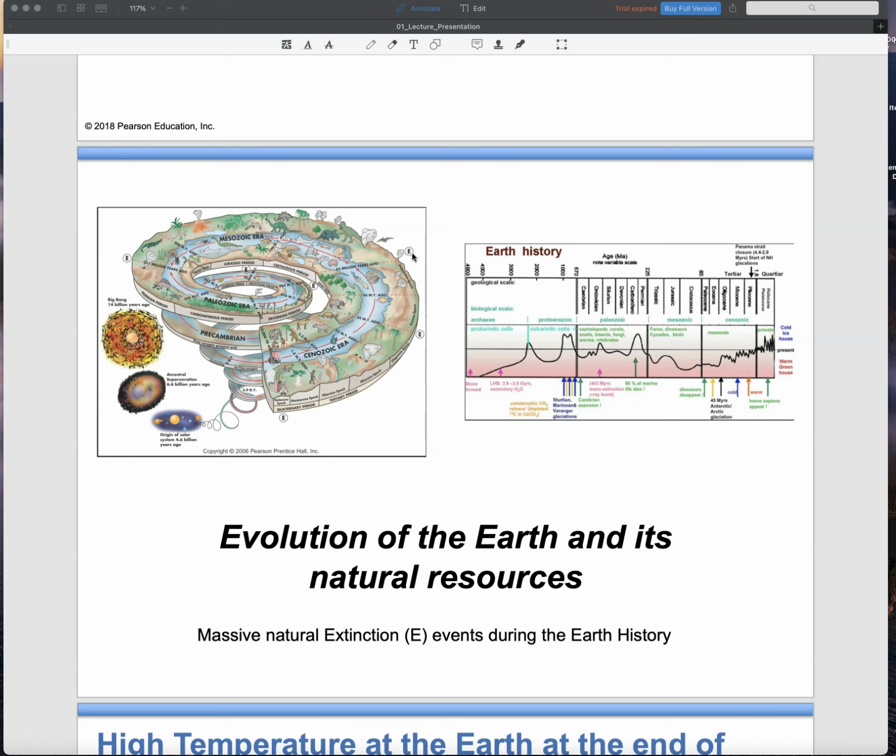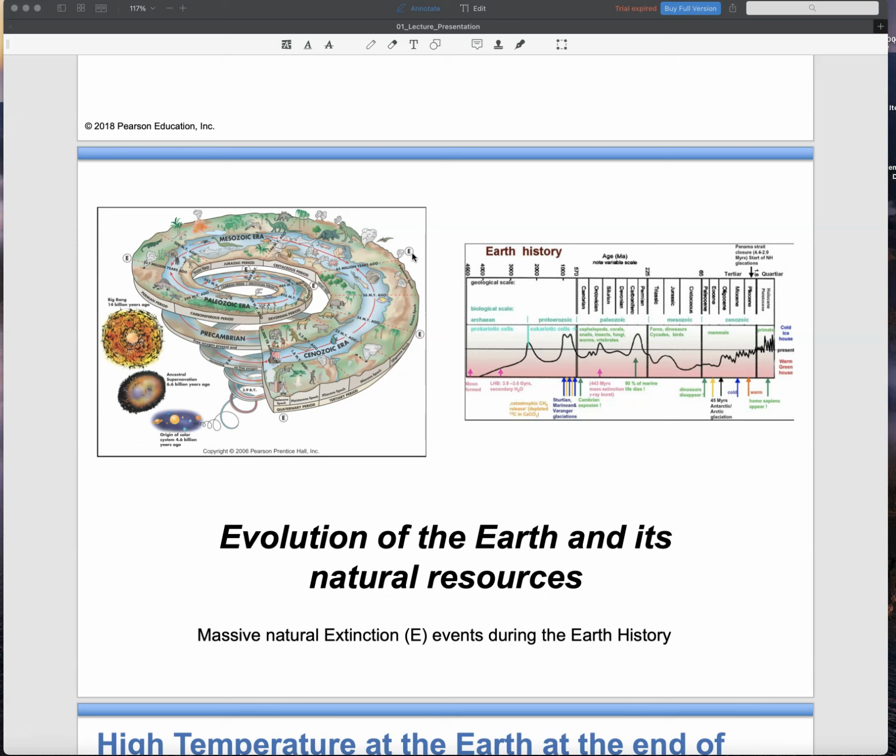But for sure, this time was one of the biggest periods of extinction. So all the organic material from the dinosaurs that died at that time was deposited in the subsoil of the earth, and it contributed to the creation of hydrocarbons, again, fossil energy resources.